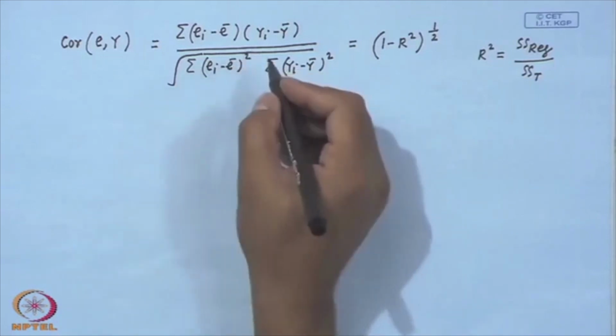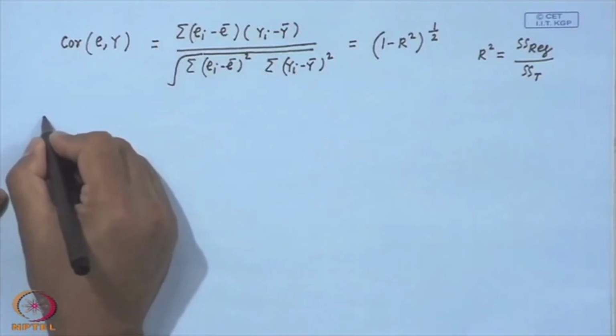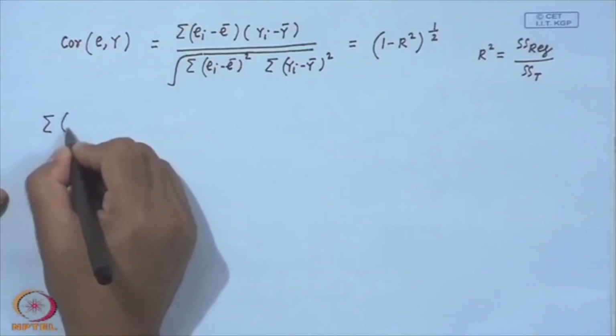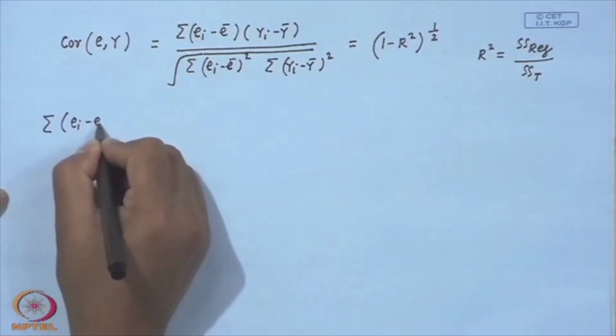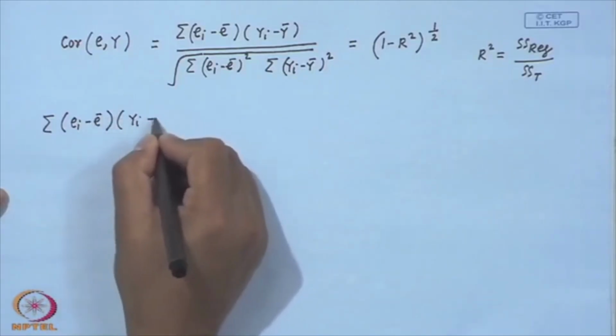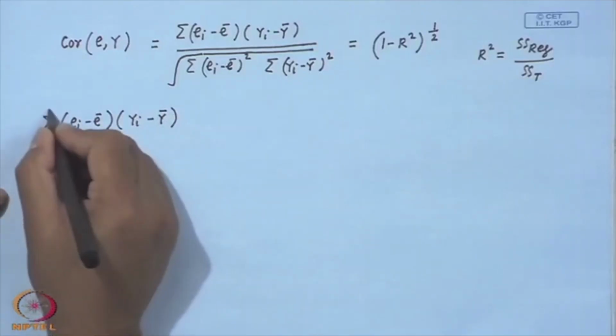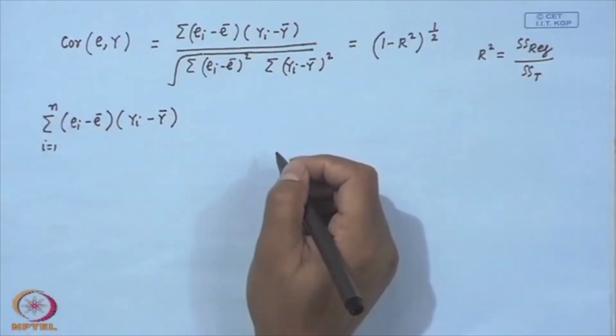Okay. So, we can start with this numerator, summation (E i minus E bar)(y i minus y bar), i is from 1 to n. Okay.